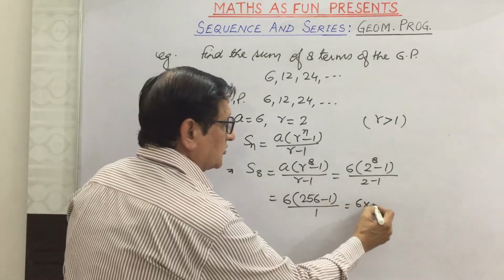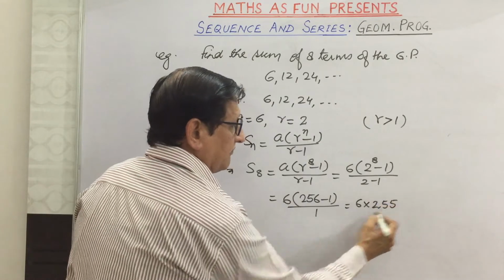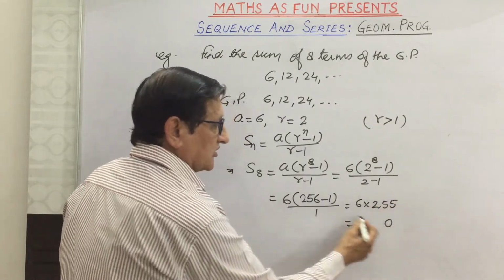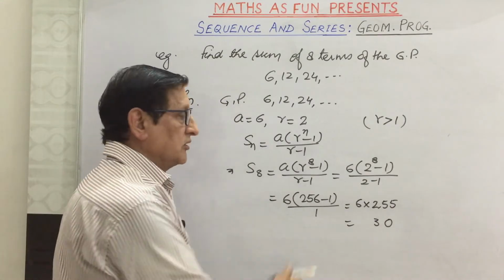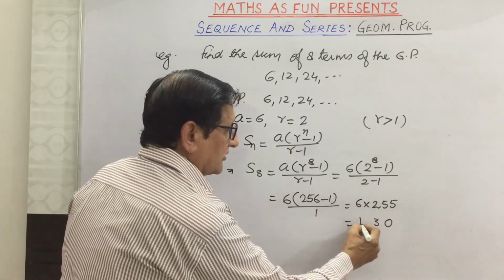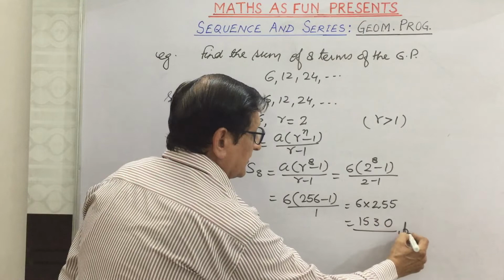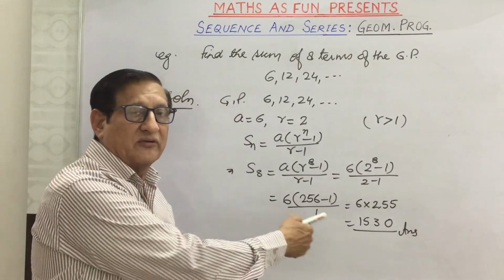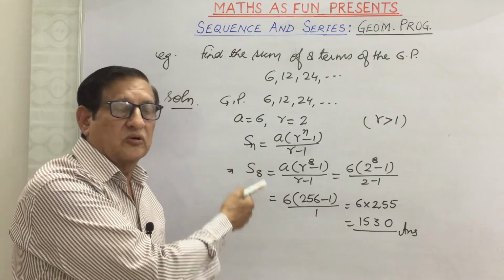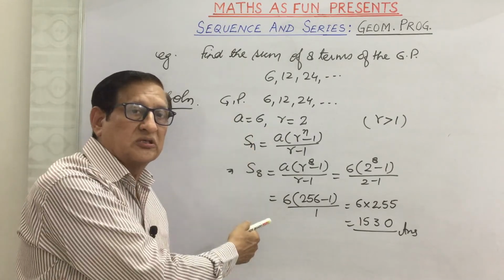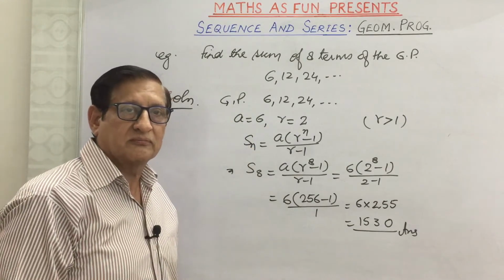It is 6 into 255. When we multiply, this is 6 5 is 30, 3 carry, 6 5 is 30, 3 carry, 6 2 is 12 and 3 is 15. So the sum here comes as 1530. Like this we can find the sum of any number of terms which is given to us for a given GP.